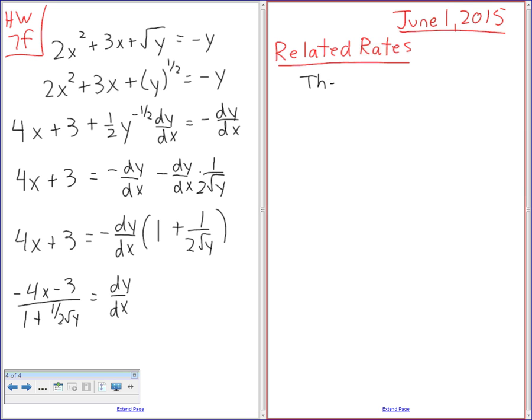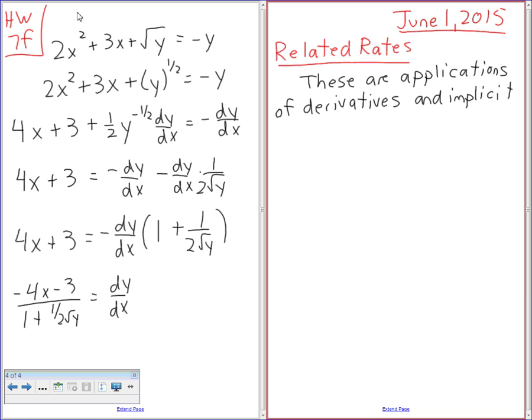These are applications of derivatives, and implicit differentiation.